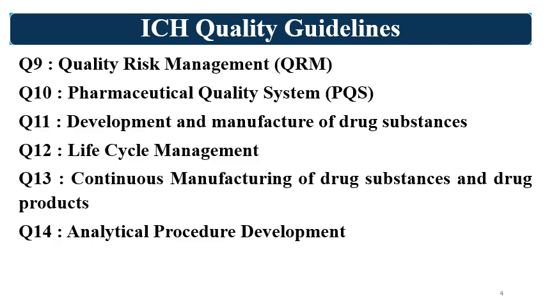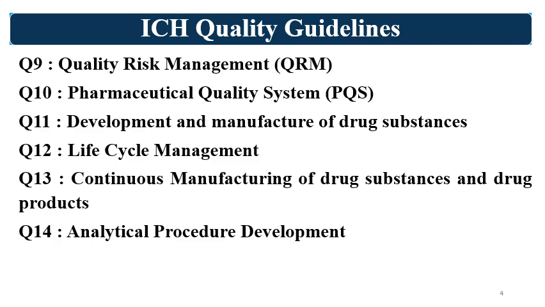Q9 guideline is for quality risk management, that is QRM. Q10 guideline is for pharmaceutical quality system, that is QPS. Q11 is the guideline for development and manufacture of drug substances. Q12 guideline is for life cycle management.